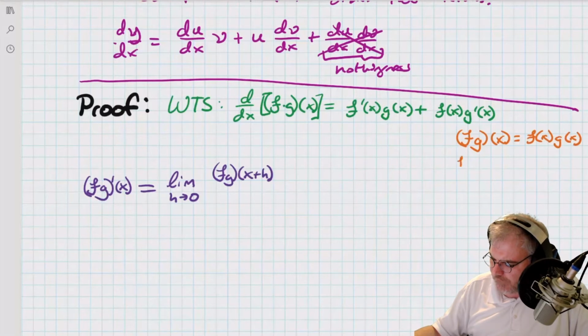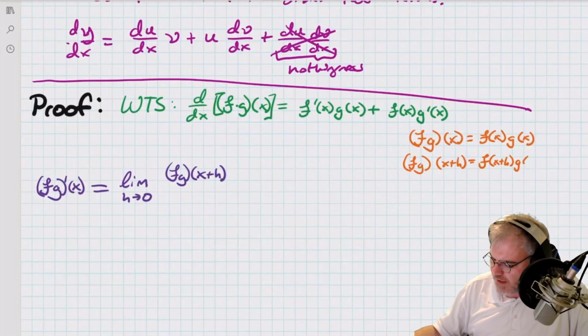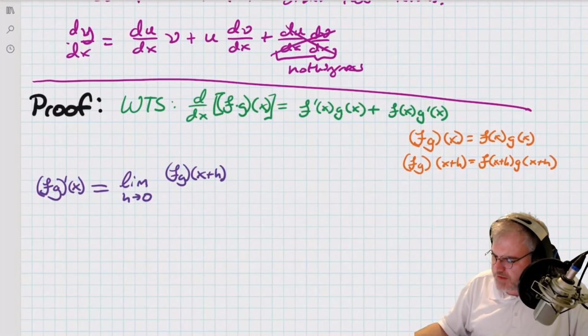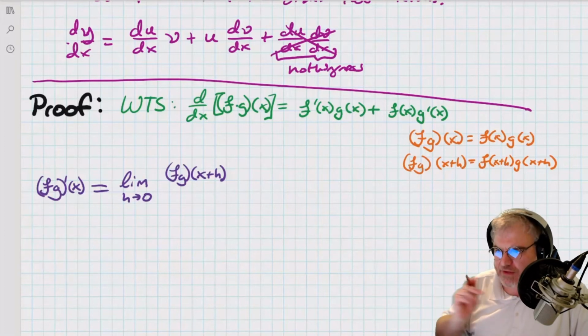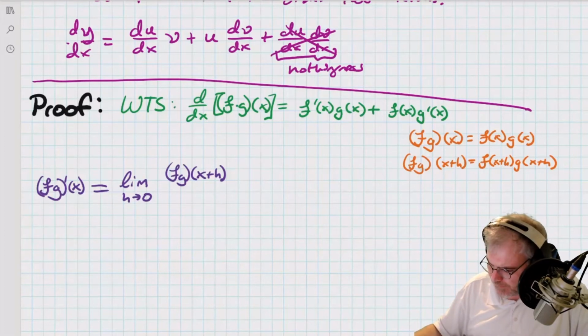And so f times g of x plus h is going to be f of x plus h times g of x plus h. Now, this isn't multiplication. Keep that in mind. This means I'm feeding this into that function. So I can't just distribute out those terms.